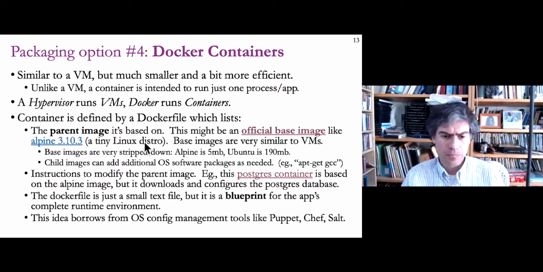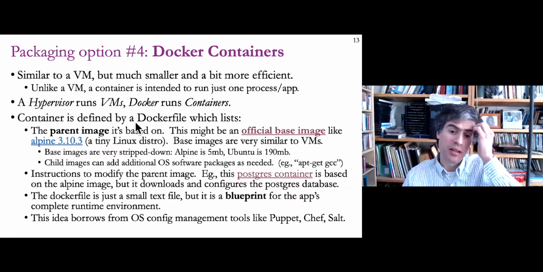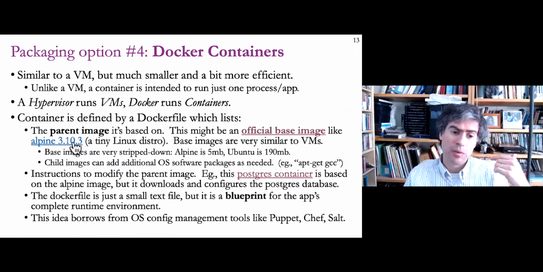That runs one process, yeah. So with Docker, we have containers that are defined by a Dockerfile. So a Dockerfile is a configuration file for the container that starts with a parent image.